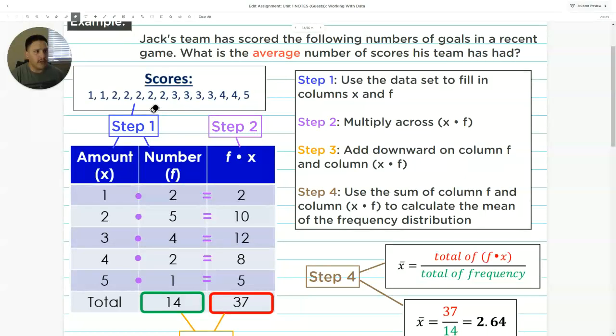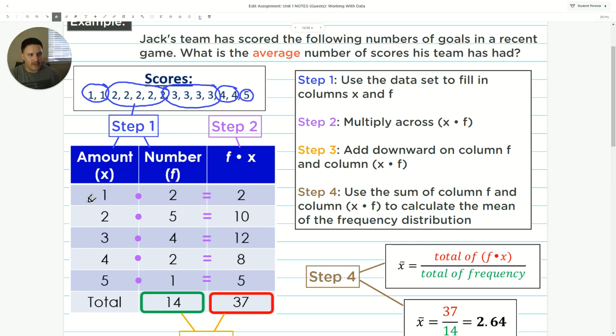So using this data, we're going to fill out the X values, the F values, and then their products. The X values, the amount of scores that they had, is 1, 2, 3, 4, 5 for our data values.